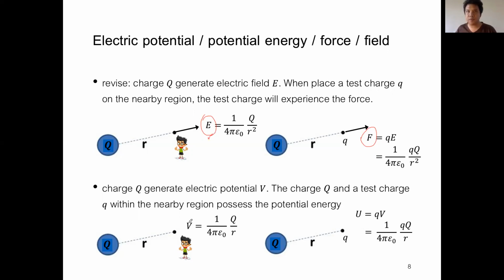Then for today, we start describing the potential and the potential energy. So we now have some kind of connections between these concepts. So let's talk about F and E.